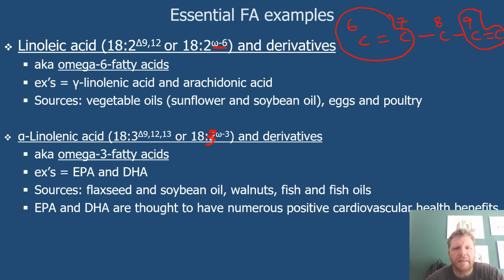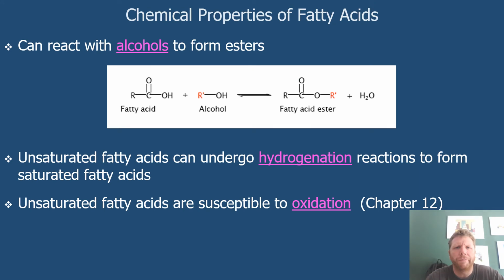Sources of these are flaxseed and soybean oil, walnuts, fish, and oils, Mediterranean diet, right? I think there's lots of it because you eat a lot of fish with that diet. EPA and DHA are thought to have numerous positive cardiovascular health benefits. They're believed to fend off inflammation.